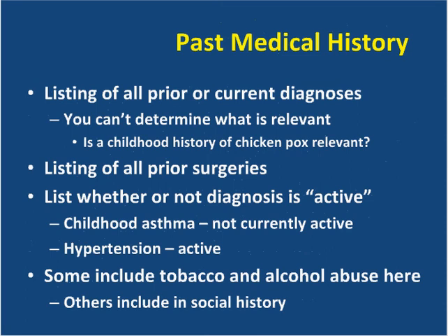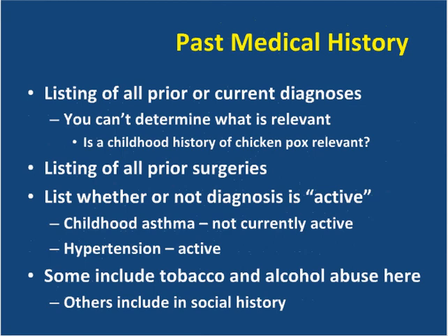Now remember, in your role, you're often gathering information that gets transmitted to medical control or someone else with more training so that they can make relevant decisions about what's going on. So when you obtain what's called their past medical history, get a list of all prior or current diagnoses and just gather the information. Don't judge whether it's important or not.